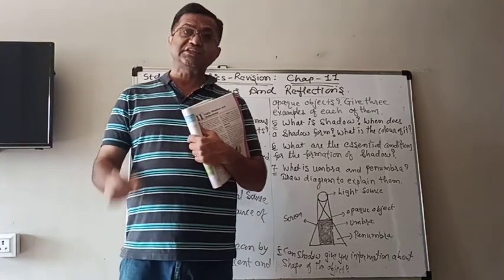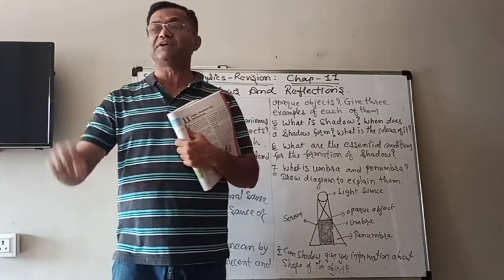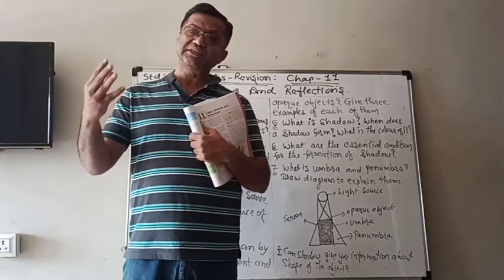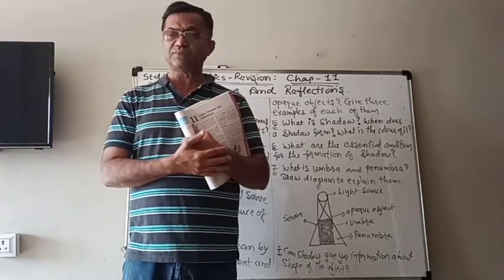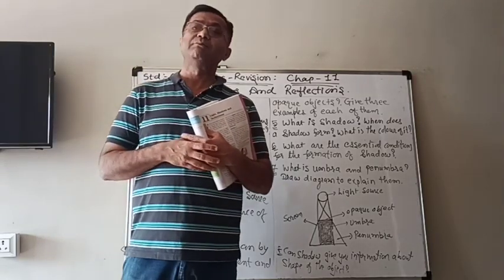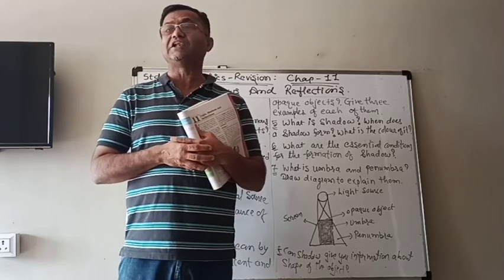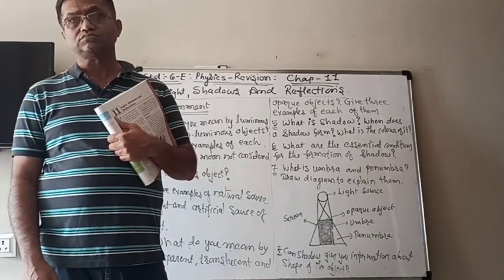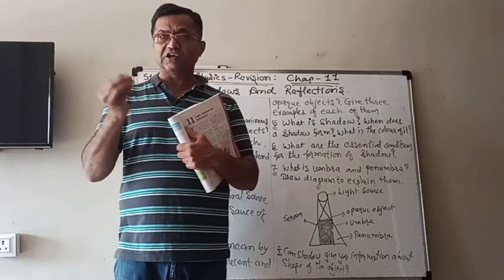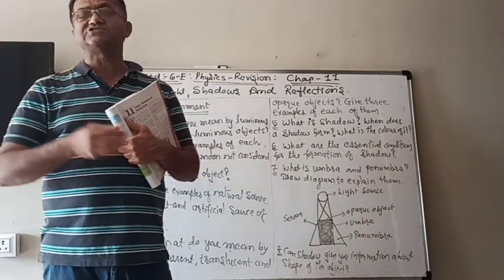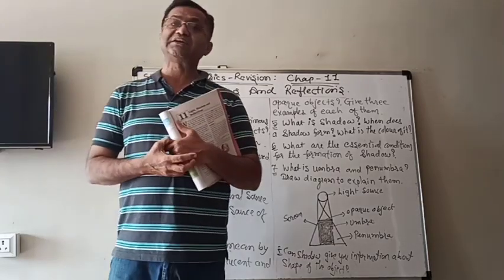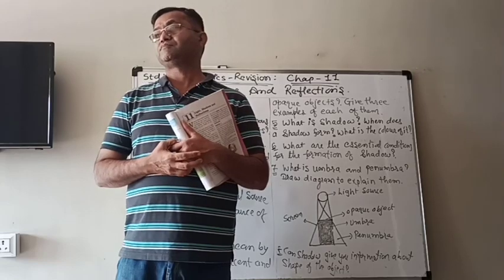The sun is the natural luminous object. Can you imagine which are the other natural luminous objects? You will say probably moon, but moon is not a luminous object. You will say stars. Yes, stars are also natural luminous objects. And one more creature on the earth.